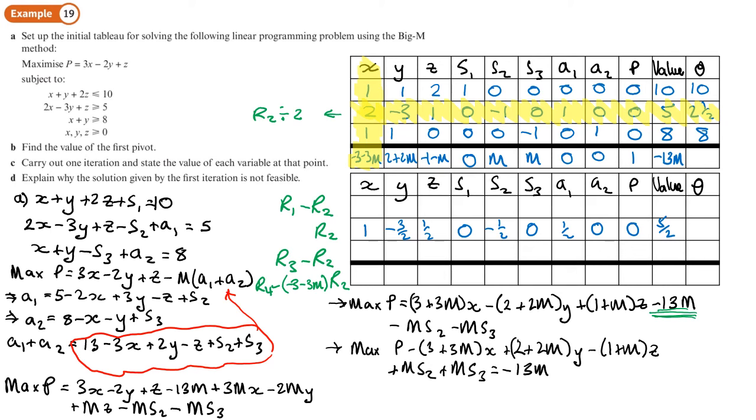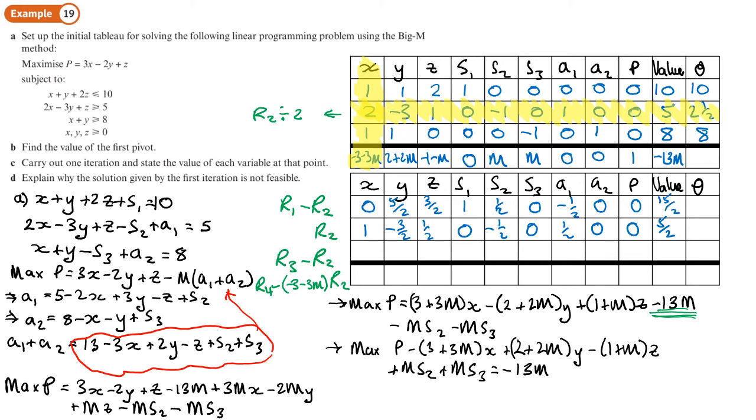So let's fill in the tableau now. So row 1 becomes 0, 5 over 2, 3 over 2, 1, a half, 0, negative a half, 0, 0, 15 over 2.